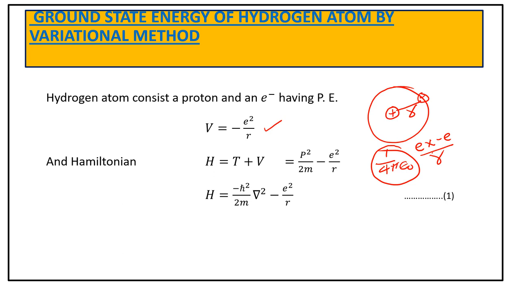So the Hamiltonian of the hydrogen atom is given by p square by 2m minus e square by r, and this can also be written in operator form as minus h cut square by 2m del square minus e square upon r.